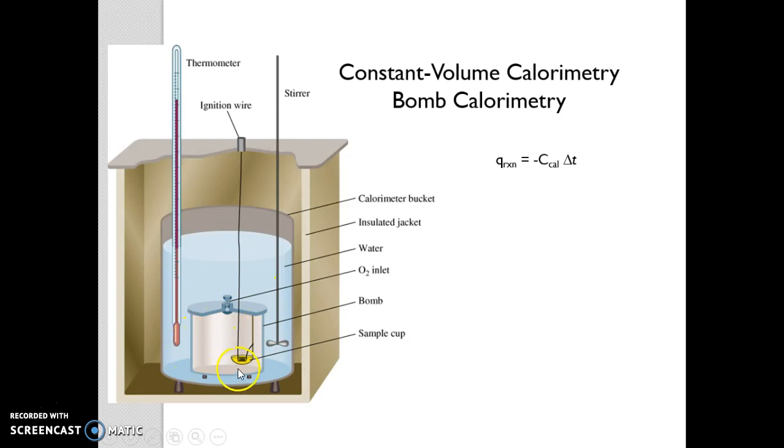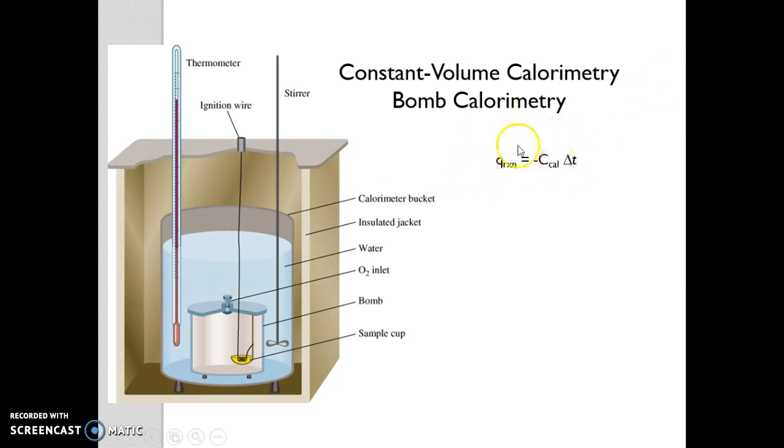So when this thing burns, the energy is going to be absorbed by only two things. It's going to be absorbed by the bomb, and it's going to be absorbed by the water that surrounds the bomb. And these other chambers are so insulated that no energy is getting out. So we've got to do some of the calculating a little bit differently. Because this is such an efficient device, we actually can figure out what the specific heat of the calorimeter is.